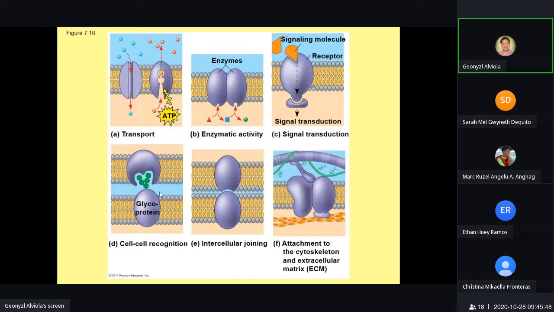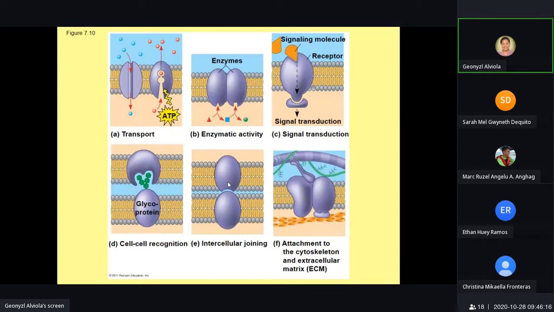A glycoprotein, for example, a protein with a carbohydrate, will communicate with another cell. The other cell has a receptor site which fits the molecular structure or molecular affinity of the membrane with this glycoprotein.